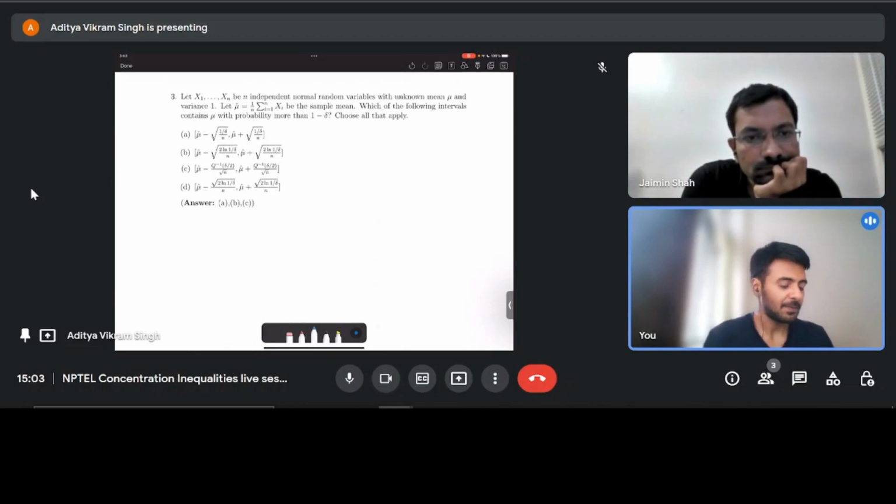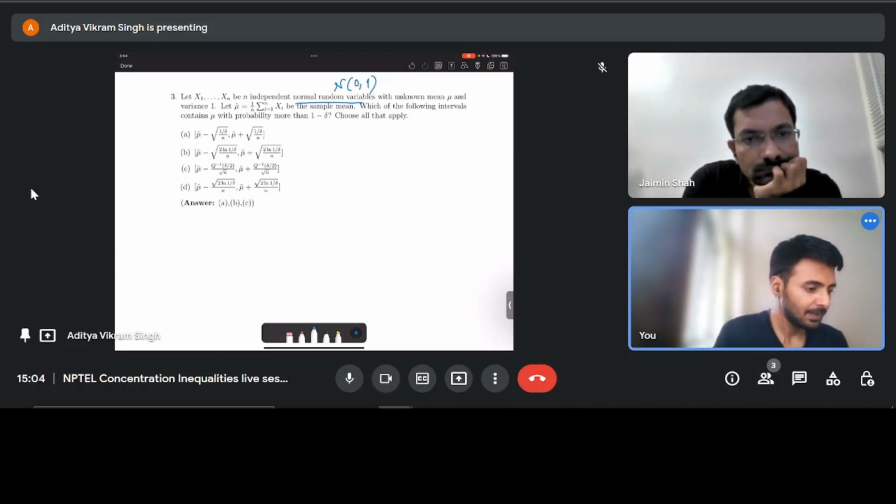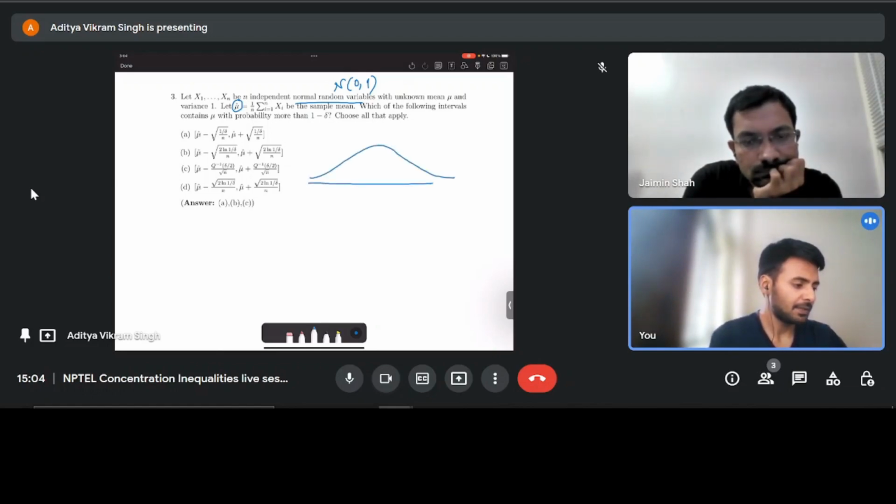Again, independent normal random variables, N(0,1). You have computed the sample mean, and you want to find the 1 minus delta confidence interval. So you have this distribution.